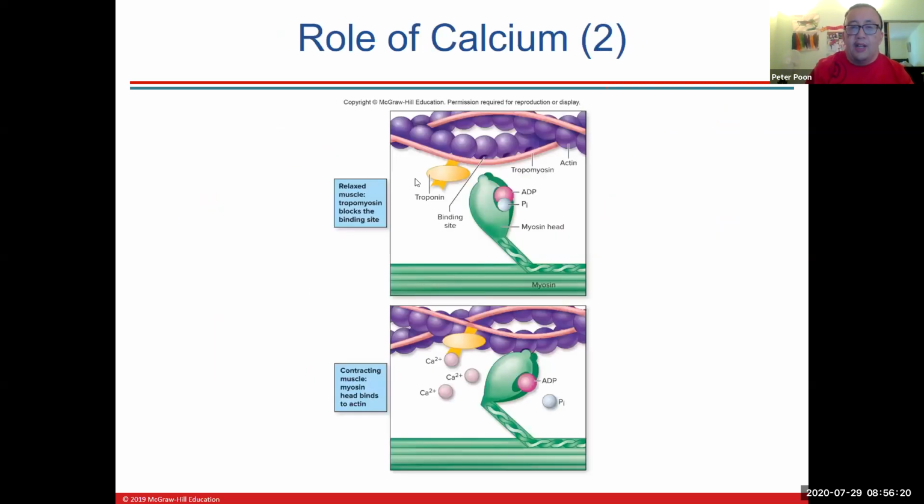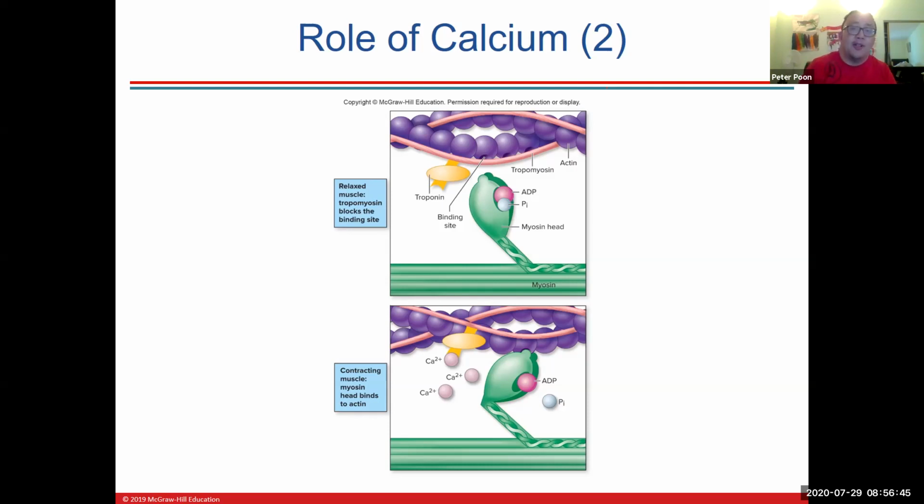What that generates is movement. So when calcium binds to the troponin, it pulls the tropomyosin off, and therefore the myosin is free to attach to the actin head.